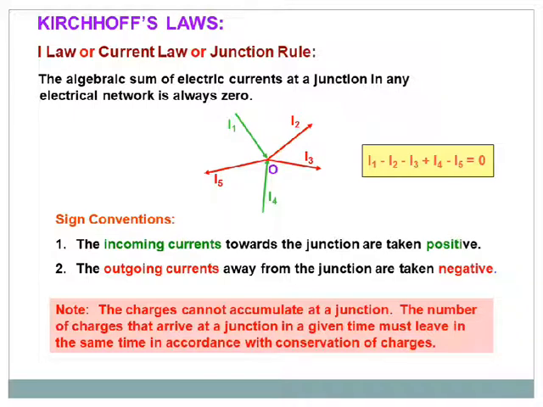So that will be I1 plus I4 is equal to I2 plus I3 plus I5. So you can write it also, right? So this is nothing but Kirchhoff's current law. It states the algebraic sum of all the electric current at a junction in any electrical circuit or any electrical network is always 0. Mathematically, it is summation I is equal to 0.